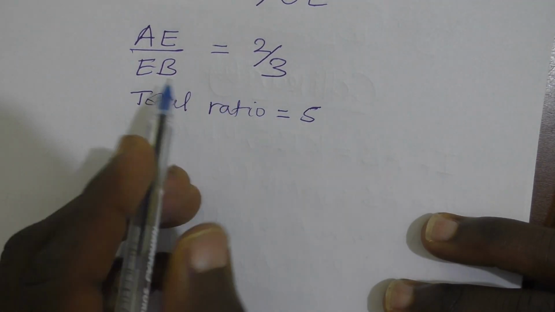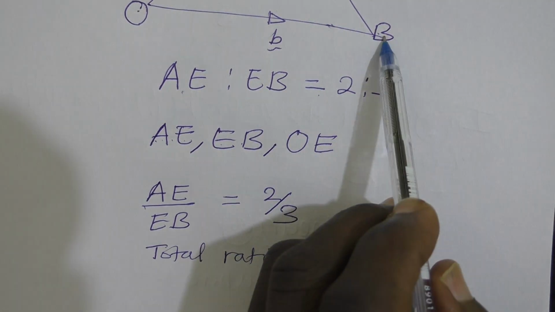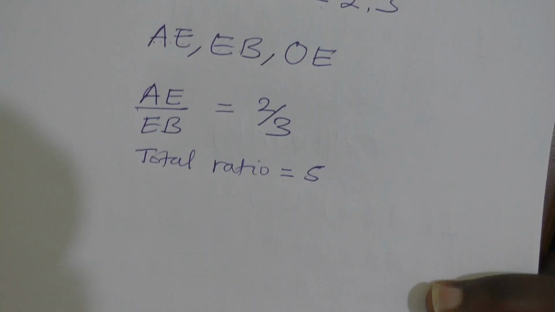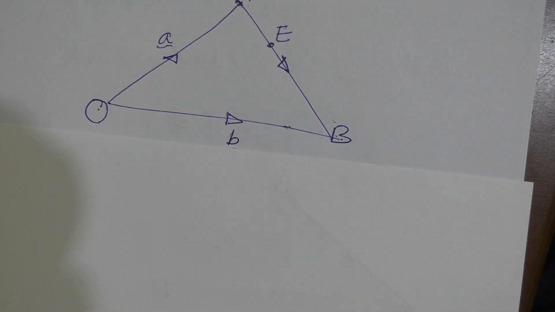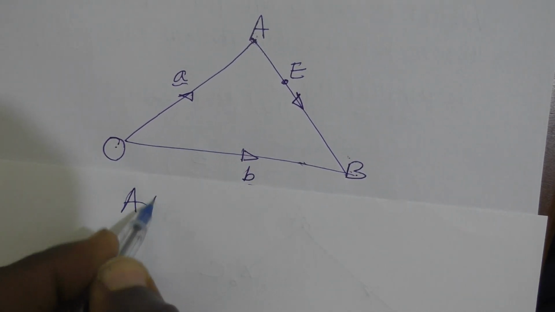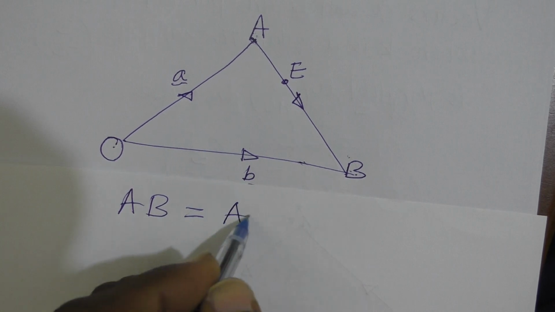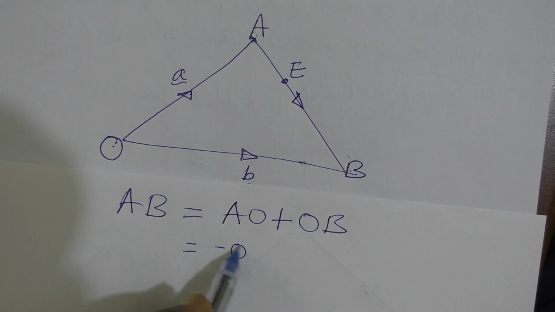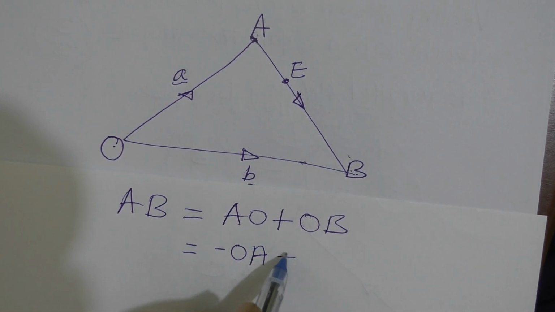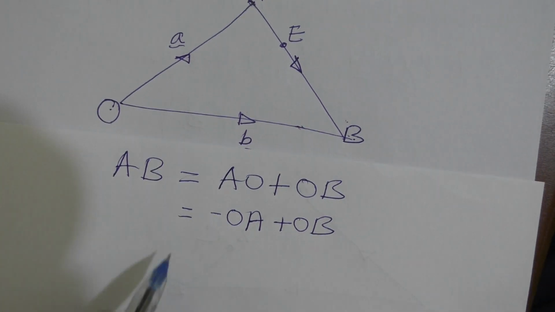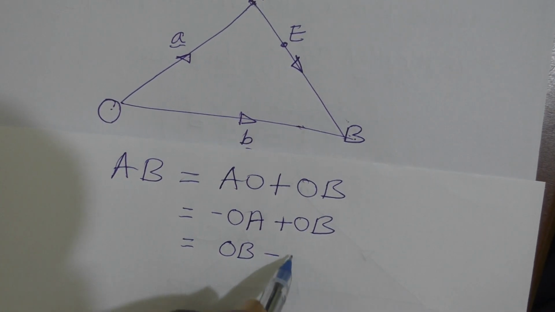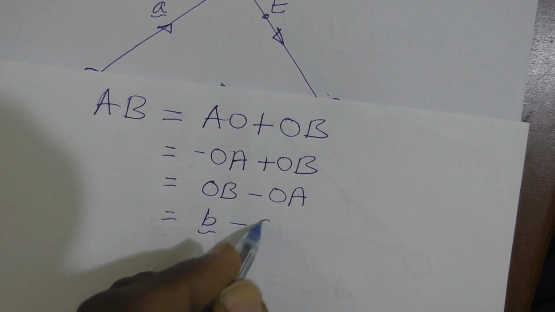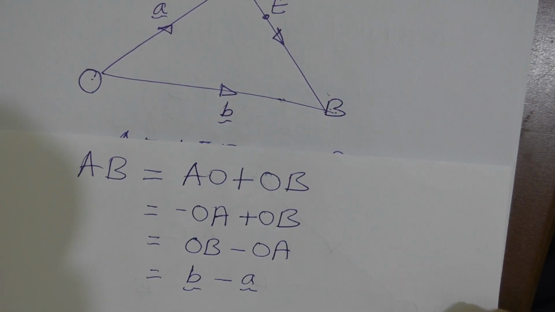And therefore, if we want to get AB, AB equals AO plus OB, but AO is negative OA since we are reversing the direction, plus OB, which is OB minus OA. And therefore OB is B, OA is A. So that is AB.